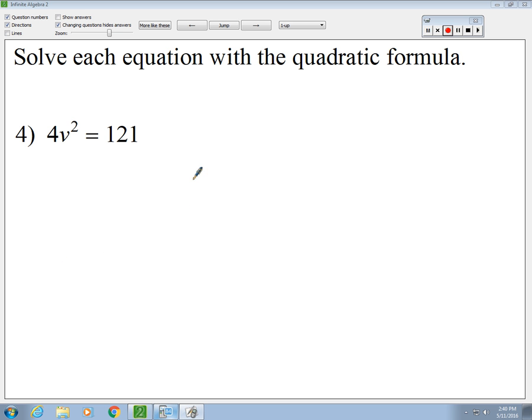Then you would have plugged it in, negative 0 plus or minus the square root of b squared, which would have been 0 squared, minus 4 times negative 121, all over 2 times a, which would have been 8. Then at that point you would have typed in the discriminant. What is 0 squared minus 4 times negative 121?